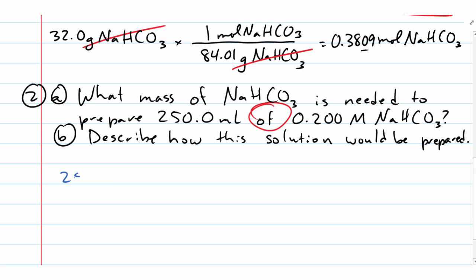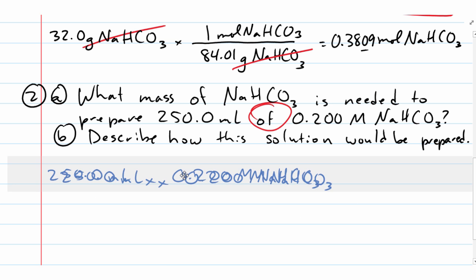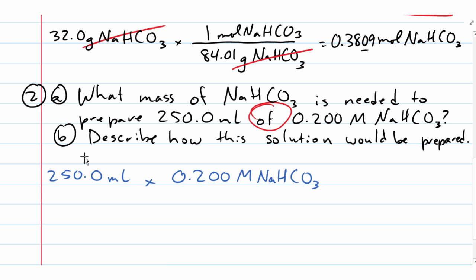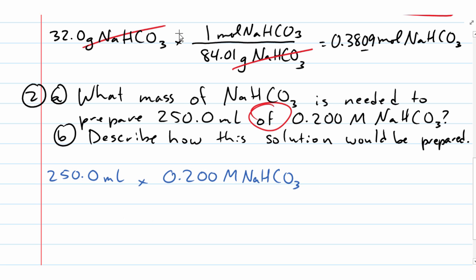We have 250.0 milliliters of 0.200 molar sodium bicarbonate. Now the problem with writing it like this is we don't see any units here that can cancel out. So we need to look at it a little further and remember a few things.